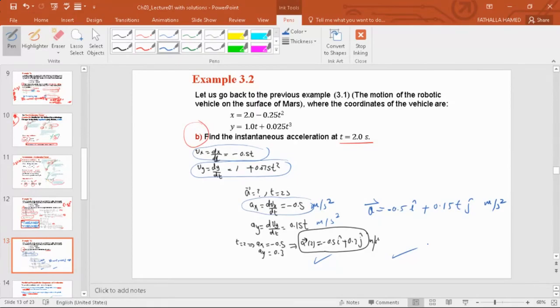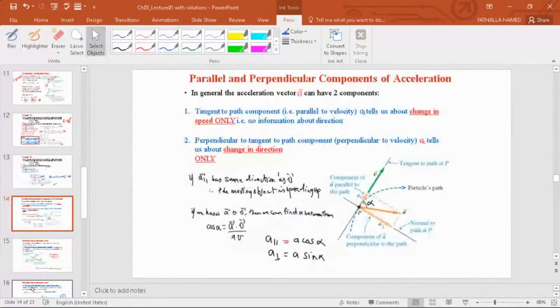So in the previous chapter, we looked at position, average velocity, instantaneous velocity, and then average acceleration and instantaneous acceleration, but it was done in one dimension. Today, we're dealing with it as a position vector, velocity vector, and acceleration vector. It is the same concept, but we're extending that to 2 or 3 dimensions. Now, one thing you have to be careful with is when you want to change your velocity.